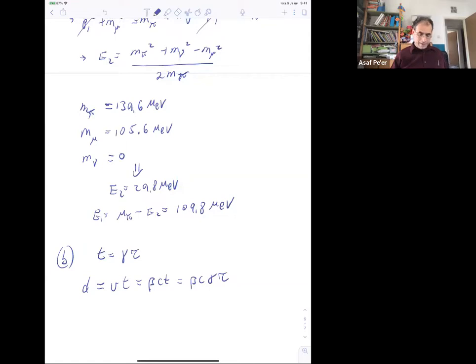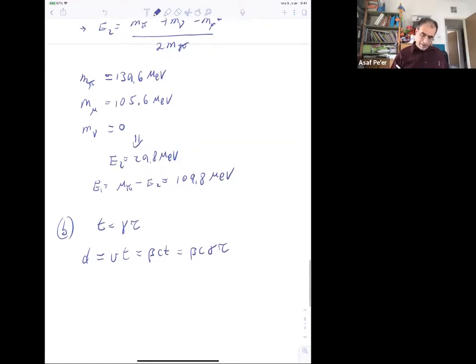So I can write it down as the momentum divided by the mass. Very good. So this will just be the momentum, P_mu C, divided by M_muon C squared, times C tau. These two C's cancel out, the numerator and denominator.